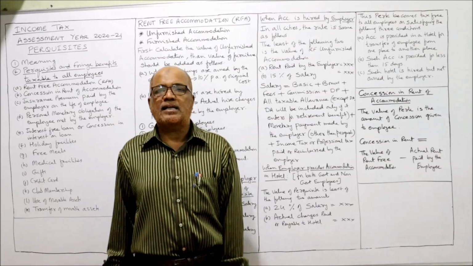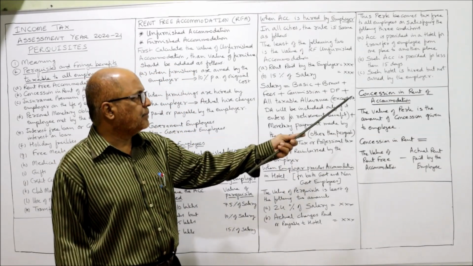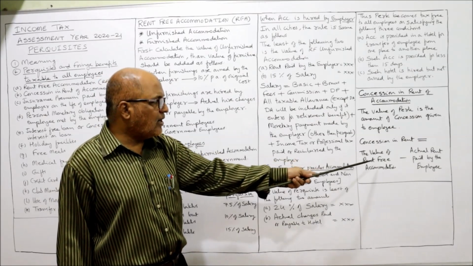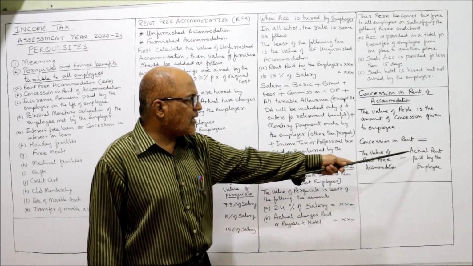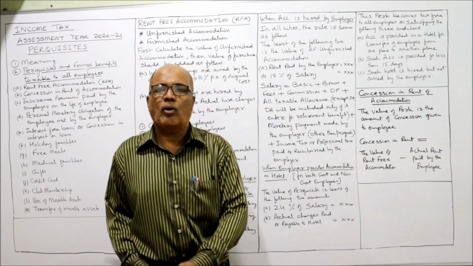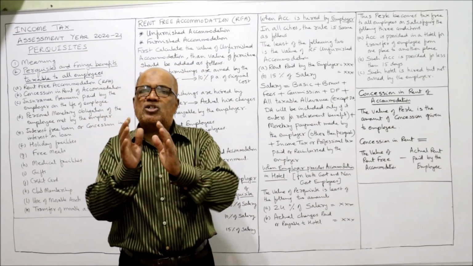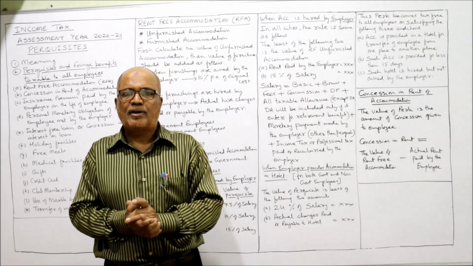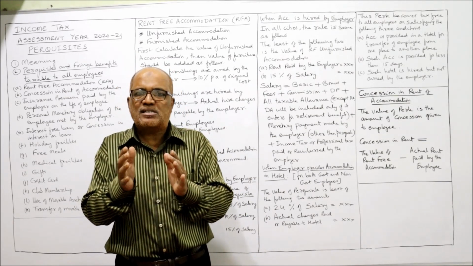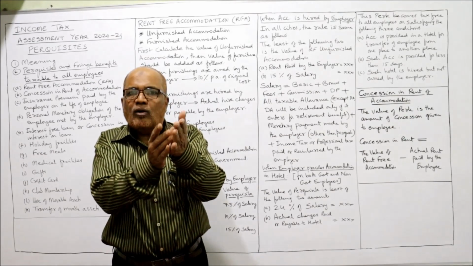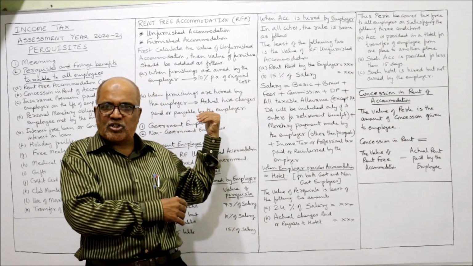So how to calculate concession in rent of accommodation? The value of the concession is the value of rent-free accommodation minus actual rent paid by the employee. First of all, we treat the accommodation as rent-free accommodation. We assume the accommodation is given as rent-free accommodation and we calculate its value by applying these provisions.